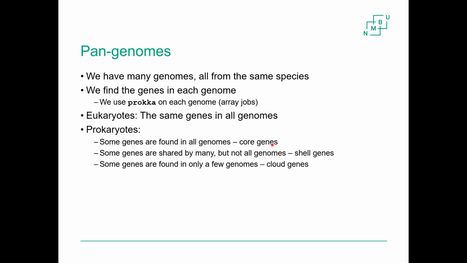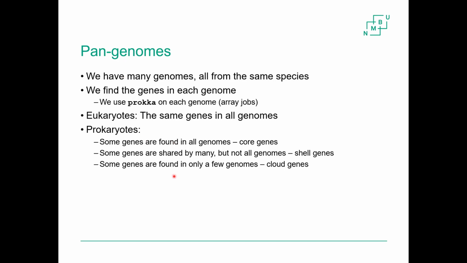So in eukaryotes, you basically only have core genes. That's what I'm trying to say here. But in the prokaryotic world, we also have a large number of shell genes and cloud genes. The difference between the different strains here is much, much bigger than between the individuals in the eukaryotic species.